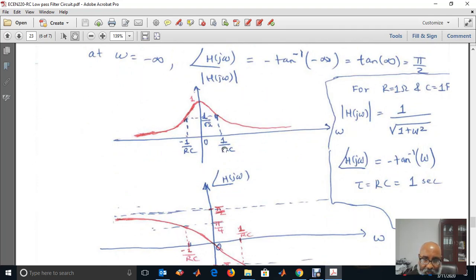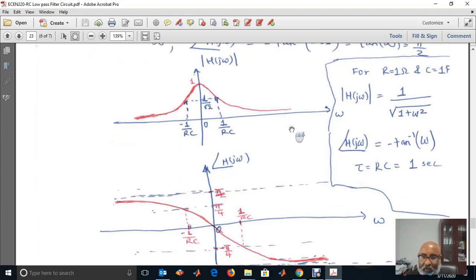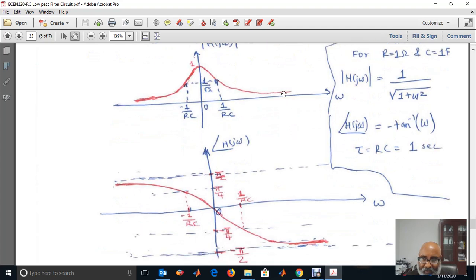You see at omega 0 it is 1, and at omega 1 over RC it is 1 over radical 2. 1 over RC is called the cutoff frequency in radians. This is a low pass filter because the response has high gain around 0, very low gain at high frequencies, and close to 0 when the frequency becomes very high.